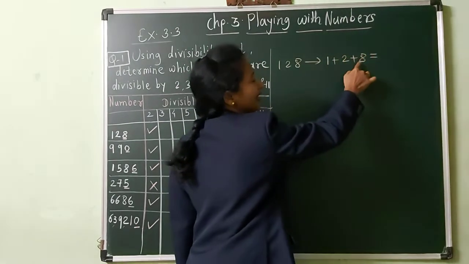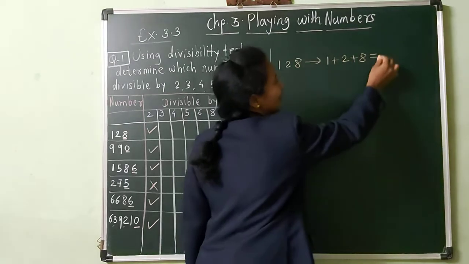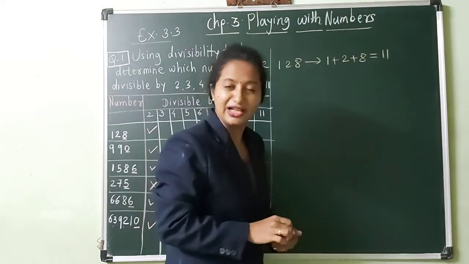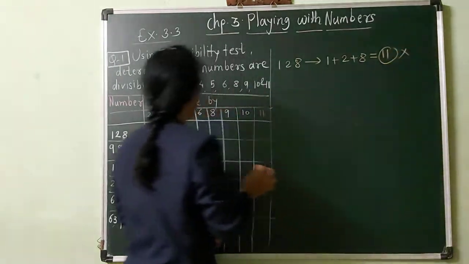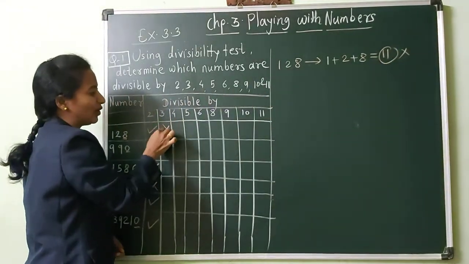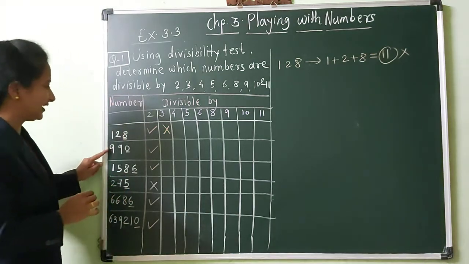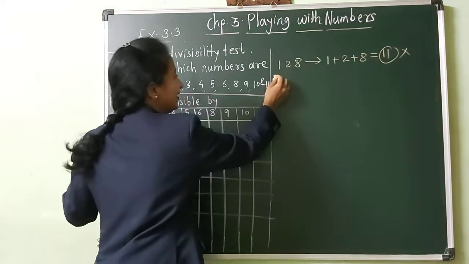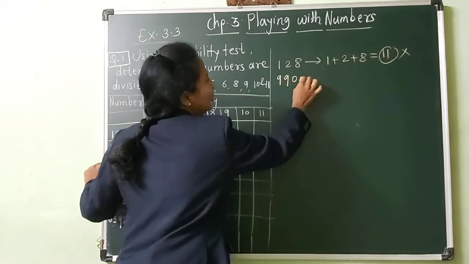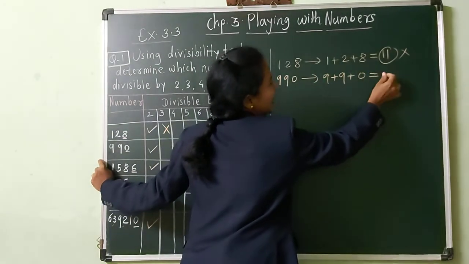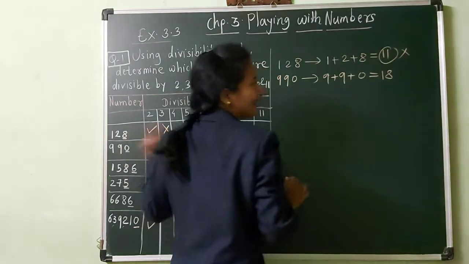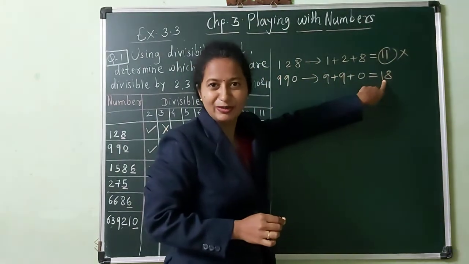So what is the sum? 8 plus 2, 10, plus 1, 11. Now tell me, 11, is it divisible by 3? No. So of course this number is not divisible by 3. In the same way we'll take another example, 990. Add all digits present in the given number. What is the sum? That is 18. Now is 18 divisible by 3?